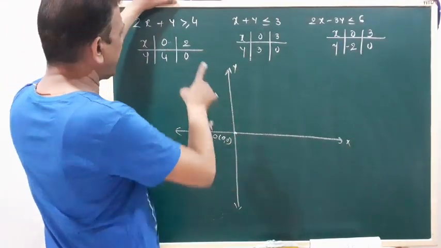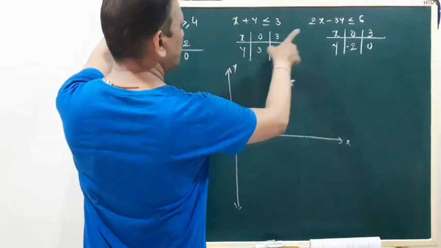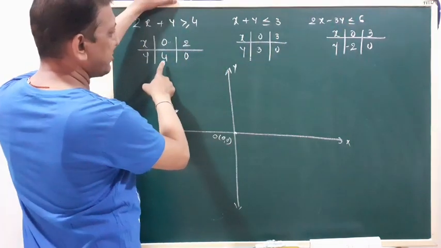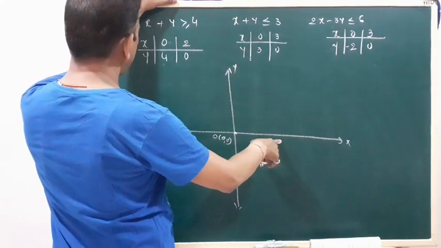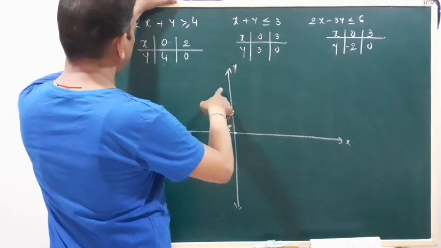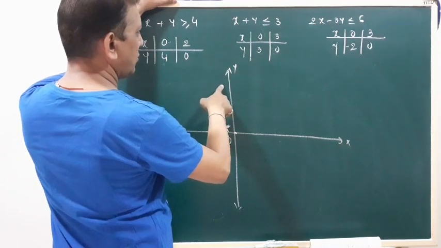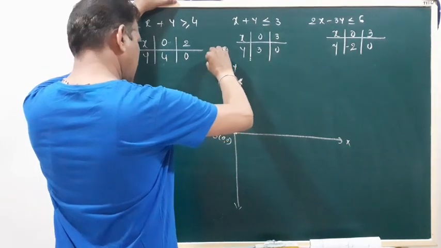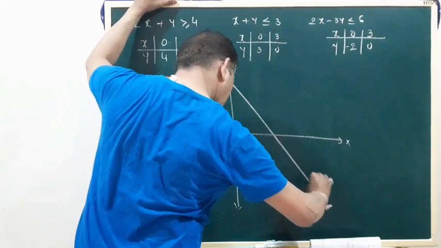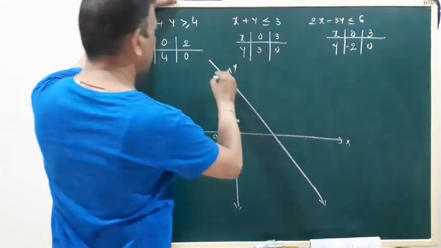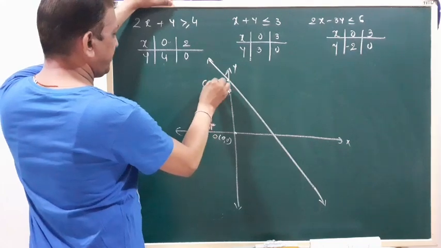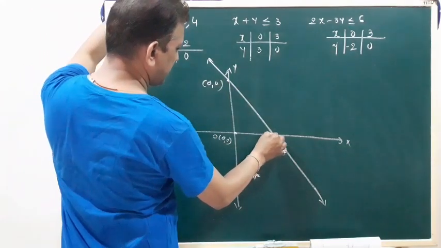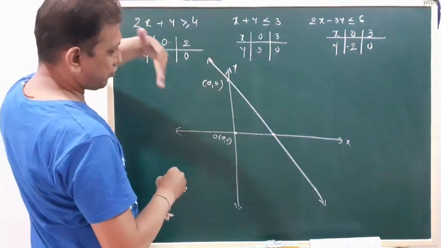On the x-axis the maximum is 3, and on the y-axis the maximum is 4. Now (2, 0) and (0, 4). This point is (0, 4) and (2, 0) is here. Greater than, so the right side portion.